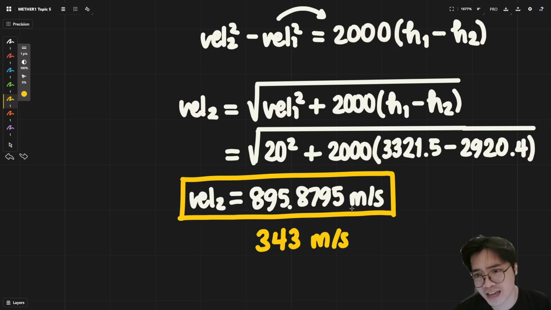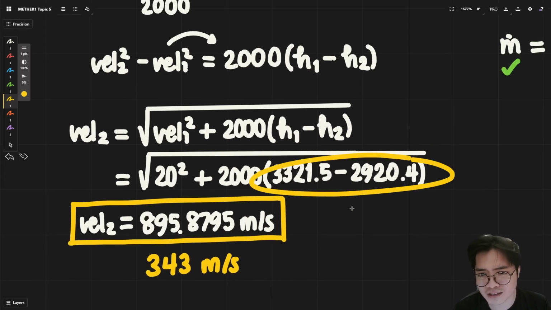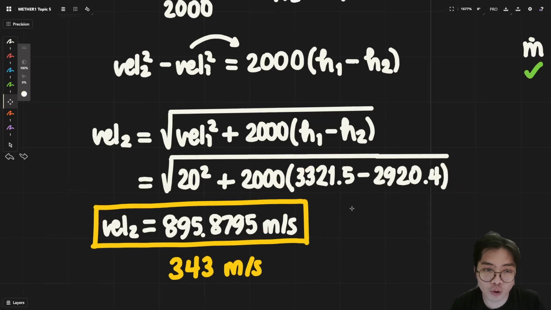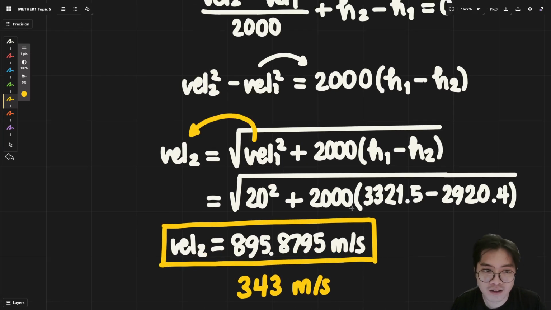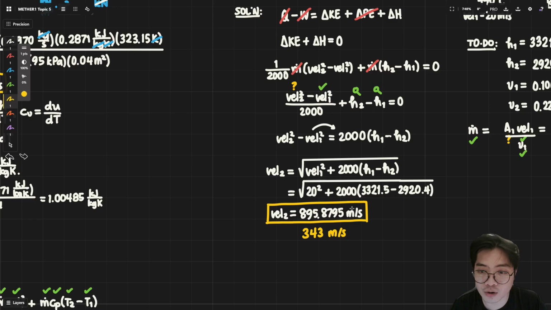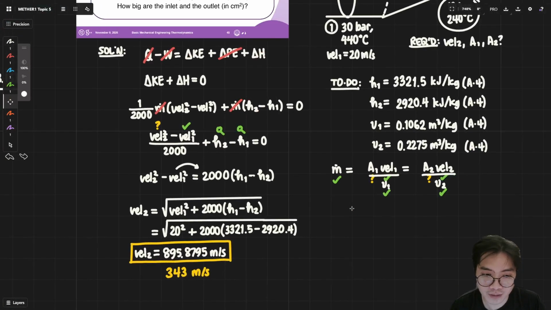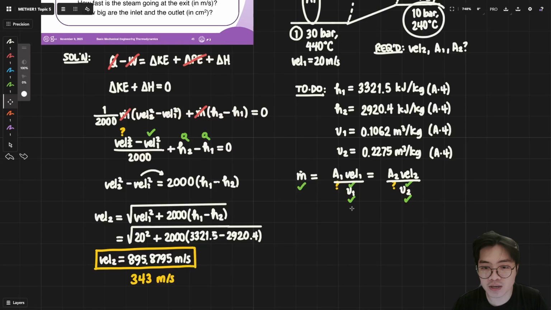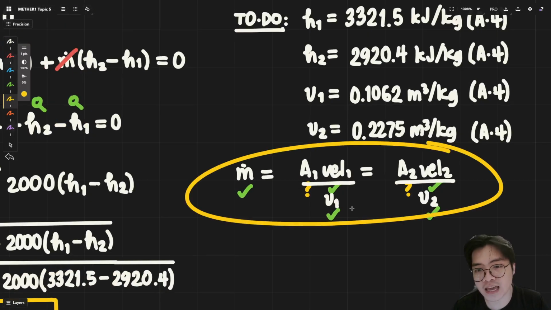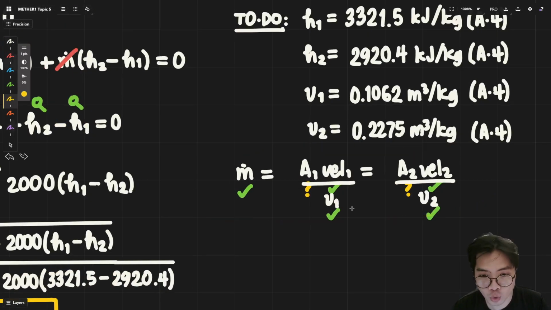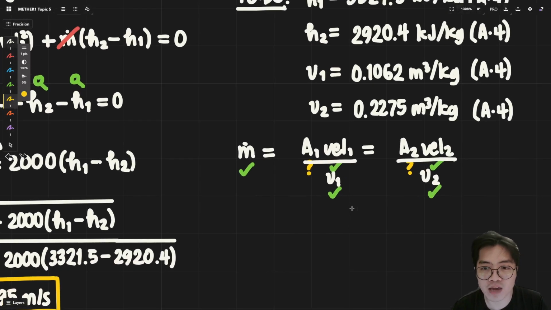But where is that change in enthalpy going to go? It's going to go and make your velocity faster. Mind you, this is the correct answer. Now, because we have the correct answer, we can solve for our values of A1 and A2. What I will do now is rearrange them.